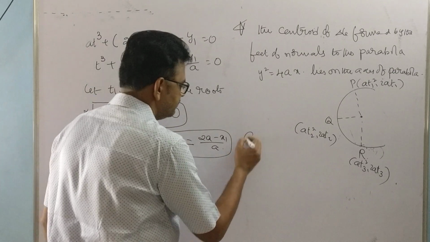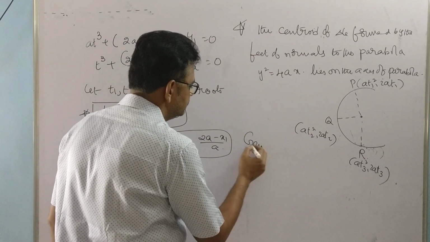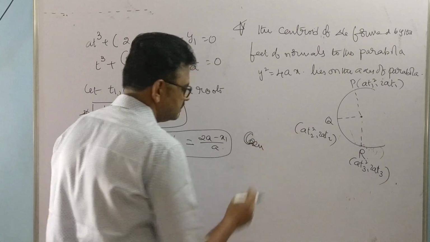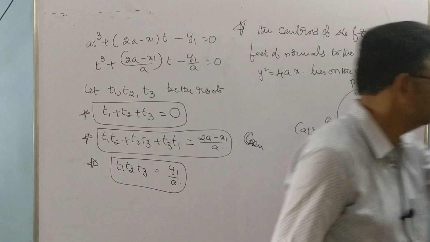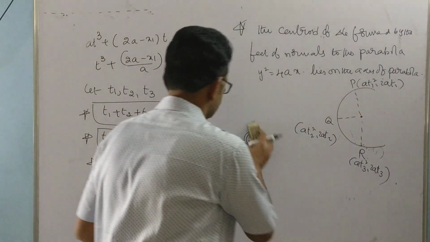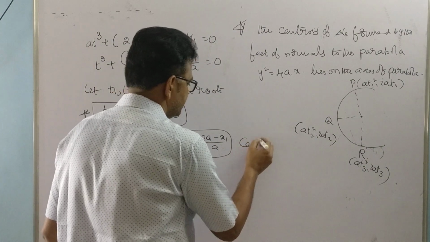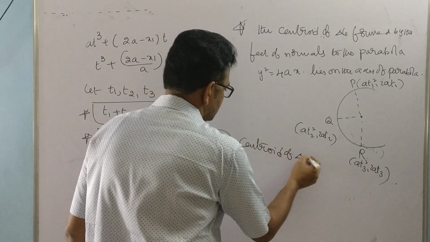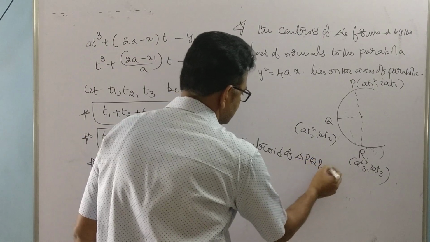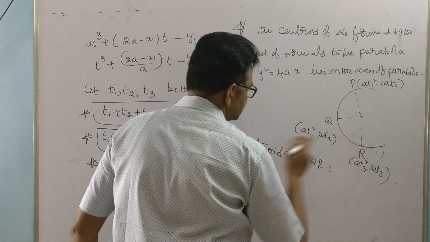Now, what is the centroid of a triangle? The centroid of triangle PQR is (x1 plus x2 plus x3) by 3.